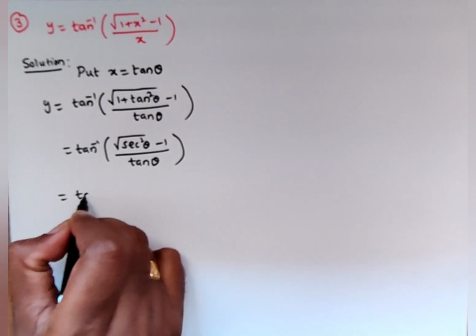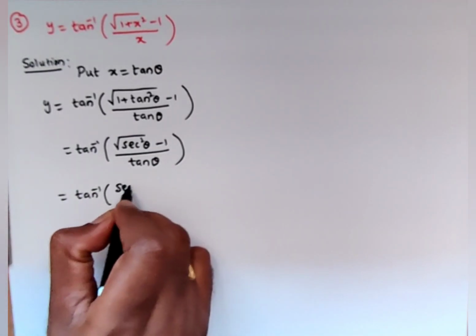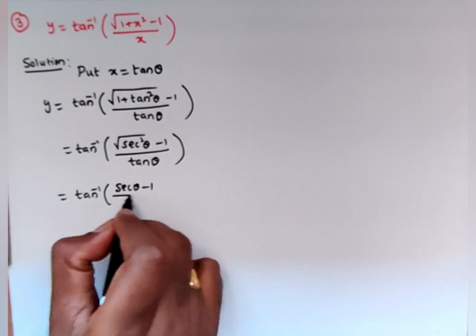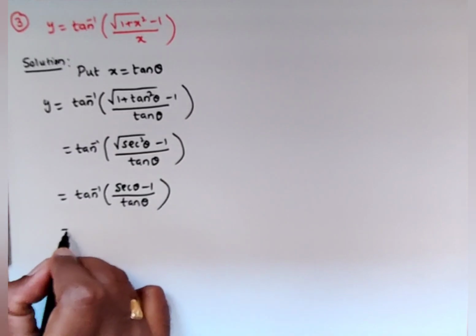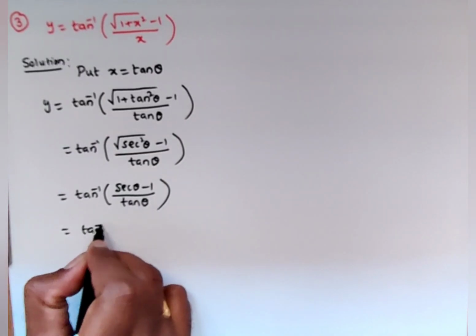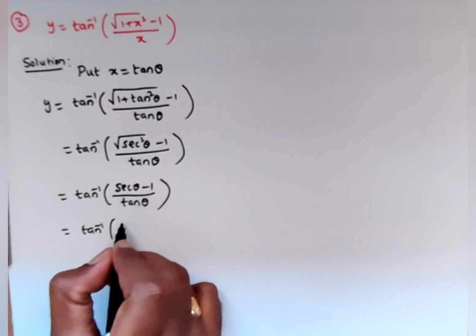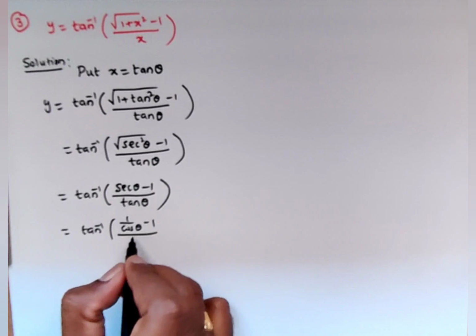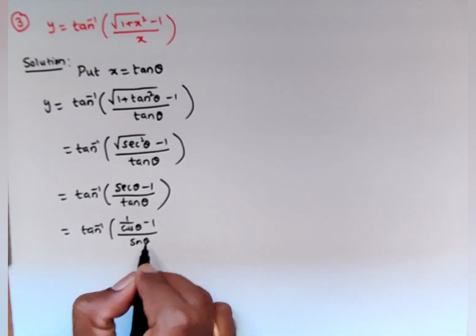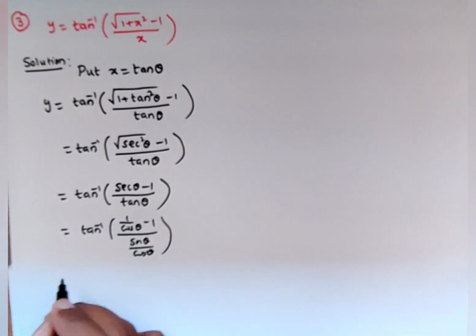Now the square root of secant square theta is secant theta, so it is (secant theta minus 1) divided by tan theta. Secant theta can be written as 1 by cos theta. So (1 by cos theta minus 1) whole divided by sin theta by cos theta, since tan can be expressed as sin by cos.